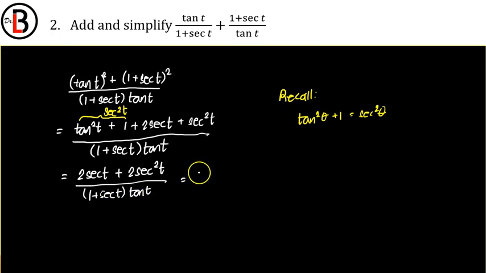Factoring out the 2 secant t, I'll have 1 plus secant t, and at the bottom, 1 plus secant t and then tangent t.